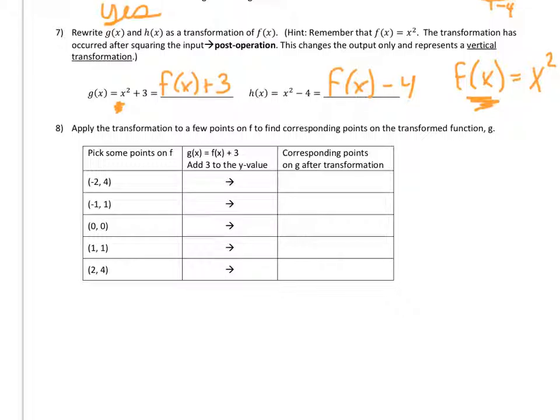Add 3 to every y value. So my corresponding points on g after the transformation are going to be -2, 7, -1, 4, 0, 3, 1, 4, and 2, 7. So notice that the x coordinates didn't change at all, I kept the x coordinates exactly the same, and I just added 3 to each y value.